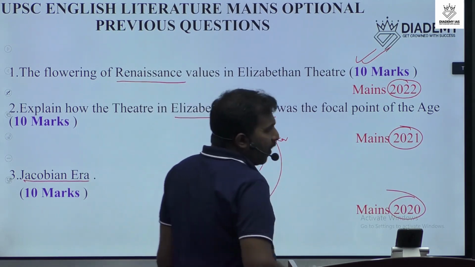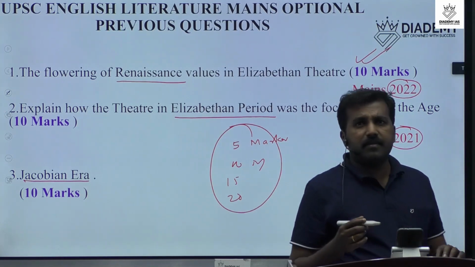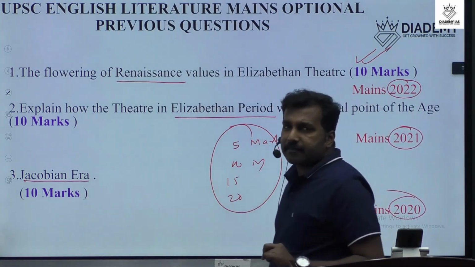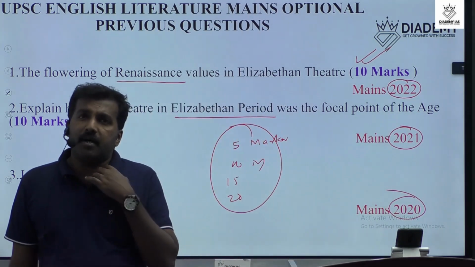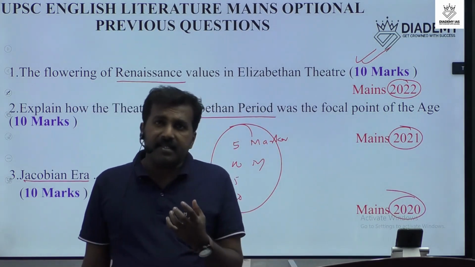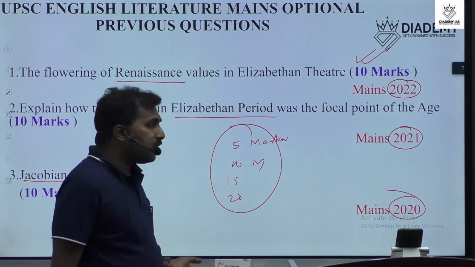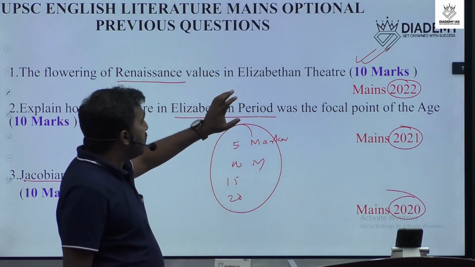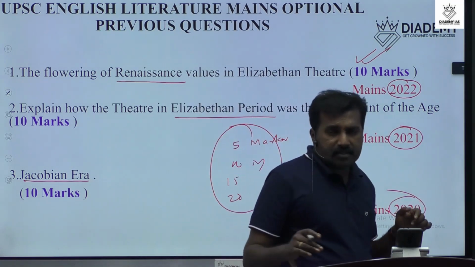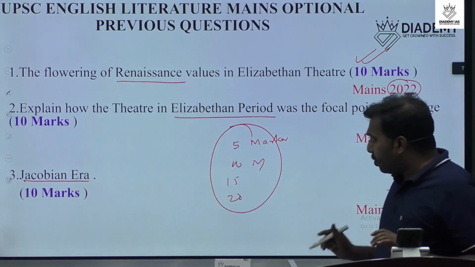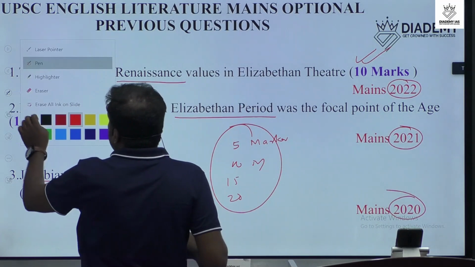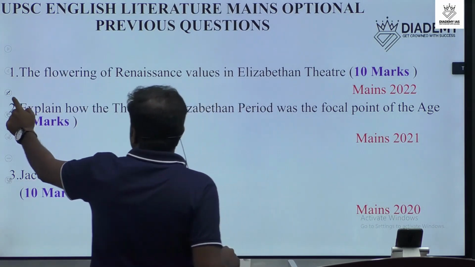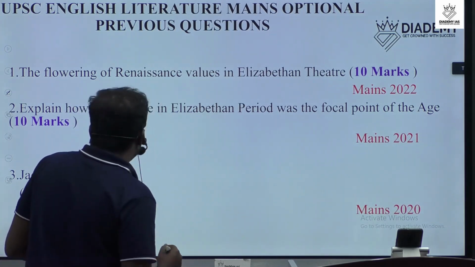These four different types of questions we can expect in the UPSC optional mains English literature paper. And here we can see the question is for 10 marks. Okay, so now we can discuss how to write the answer to this type of question.